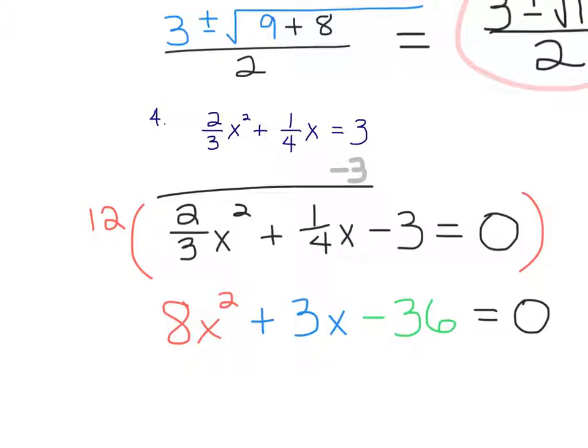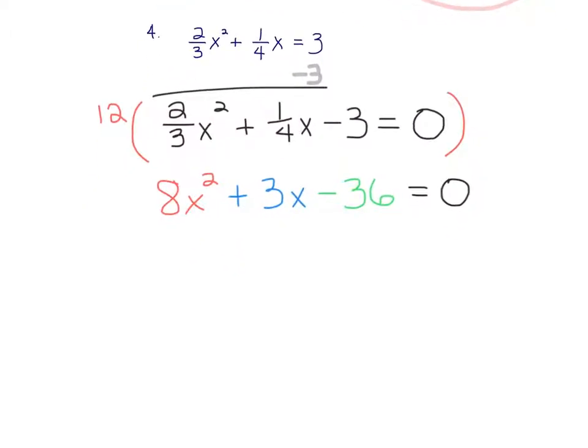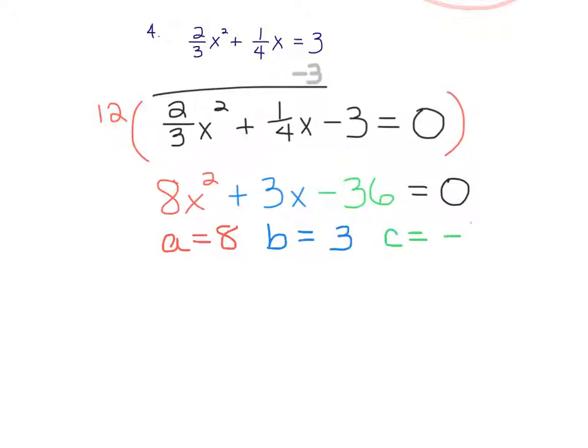Now I have a lot more manageable numbers for A, B, and C to work with. So my A value is 8. My B value is 3. And my C value is -36. I'm now going to put it into the formula.